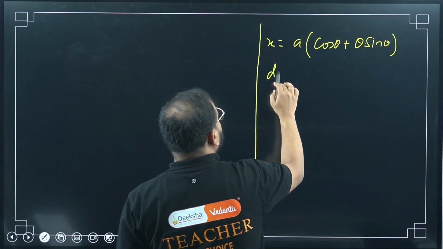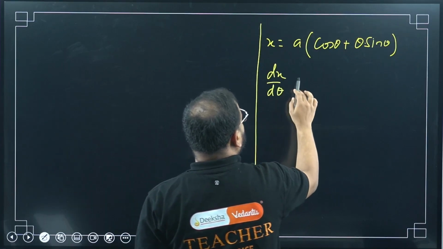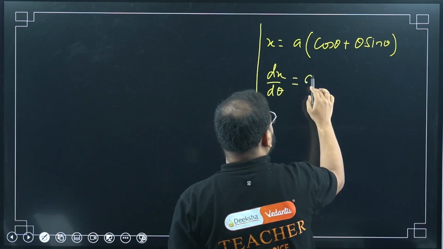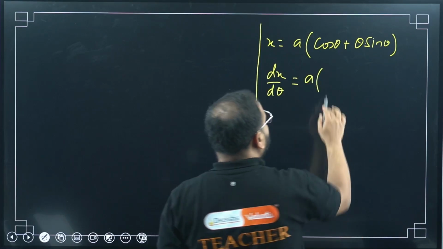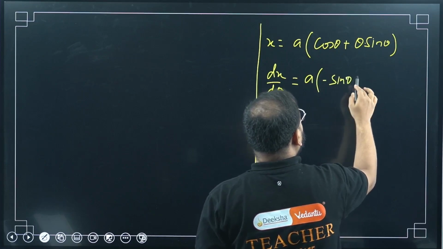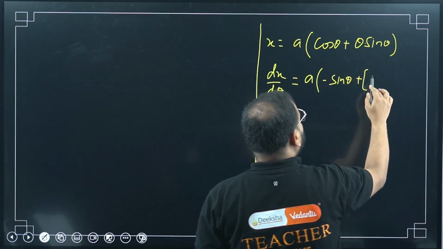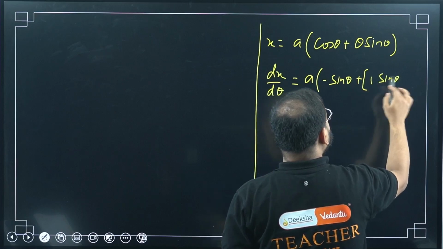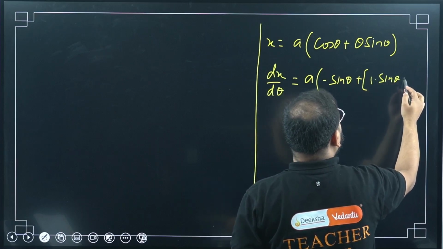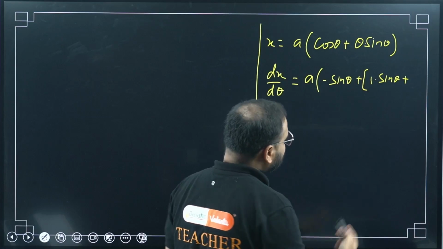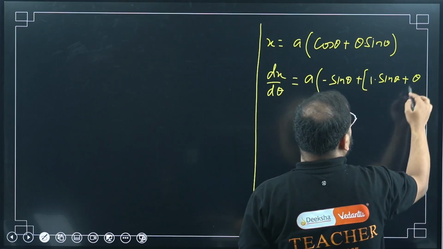Parametric form, so dx by d theta. Keep a as it is. For cos I'll get minus sin theta. For here I have to use the product rule again, so I'll use a bracket again. Theta will be 1, sin theta will be as it is. Next I'm going to keep theta as it is and sin will be cos theta.